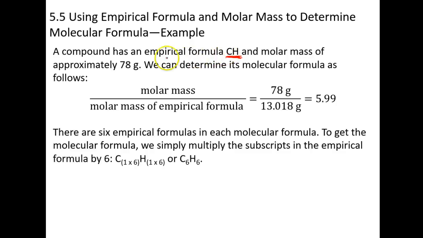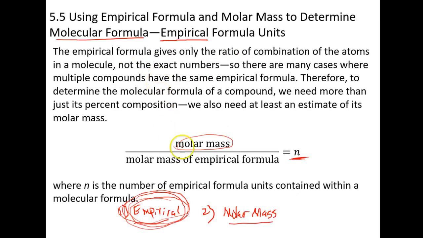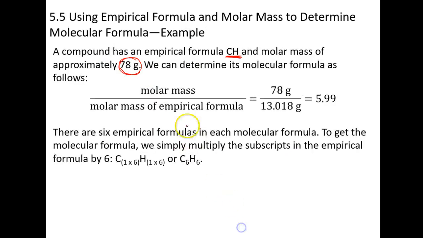Well, now I'm telling you the actual molecular mass is 78 grams. That is the molar mass, this is the number 2. So I gave you the formula: it's the molar mass, 78, divided by the mass of the empirical formula. So what's the mass of the empirical formula?